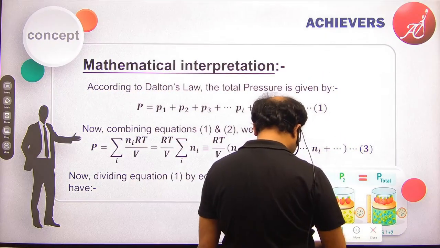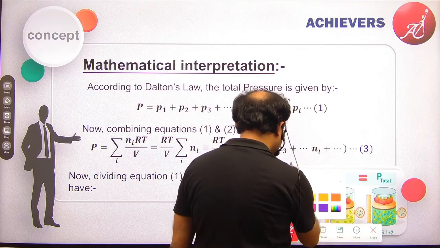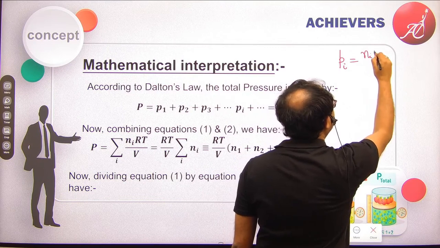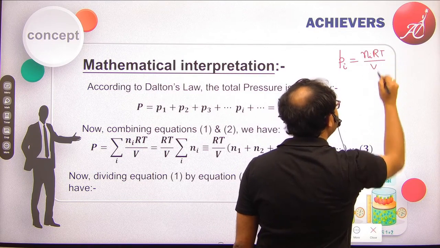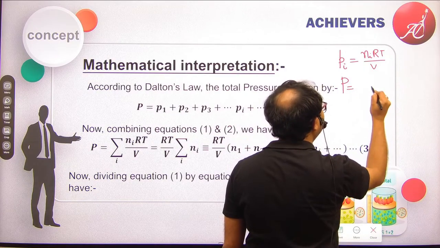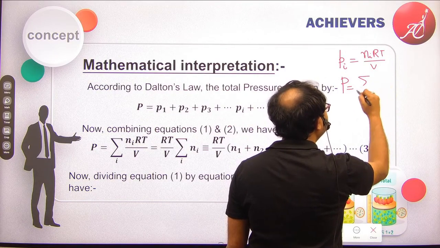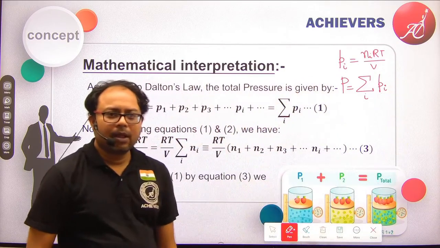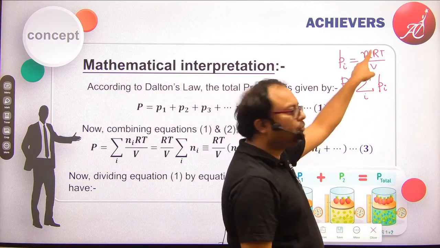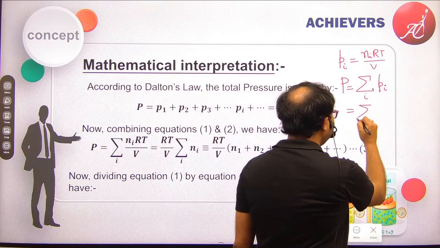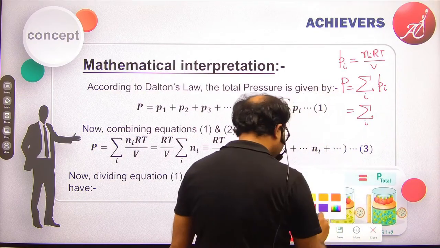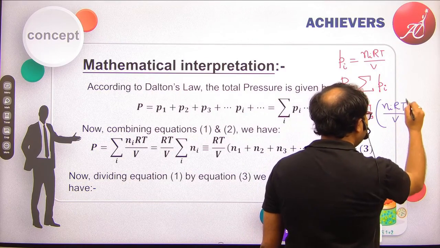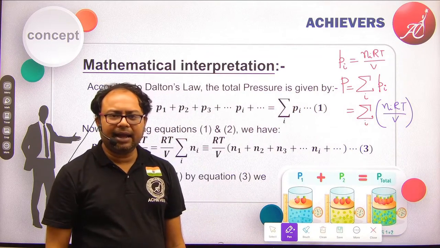We have got Pi equal to Ni RT by V. We have got total pressure P equal to summation over Pi. Now you substitute the value of Pi over here. So on substitution you are getting summation over i of Ni RT by V. In place of Pi, I am writing Ni RT by V.